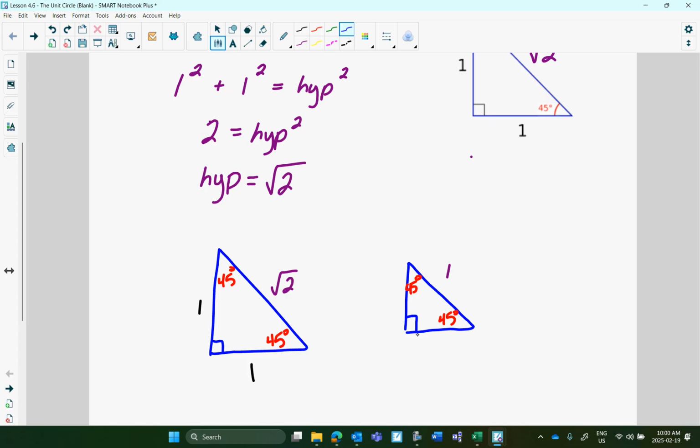Think if I did this. You don't have to write this. Let's say I had a right triangle, 3, 4, 5. I want to make a proportionally bigger one.